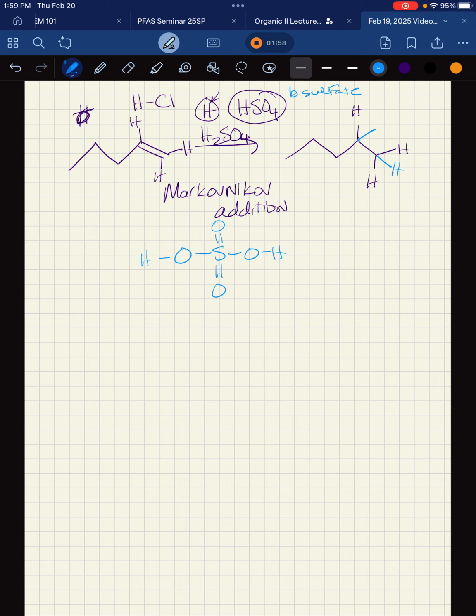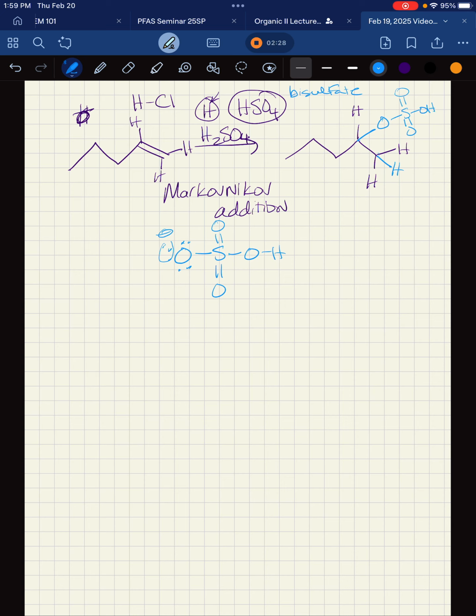This is what sulfuric acid looks like. If we take the proton off, then we're left with this. But of course, these electrons are going to make the new bond to the carbon on the left vinylic carbon atom. Okay, so that's what that's going to look like.